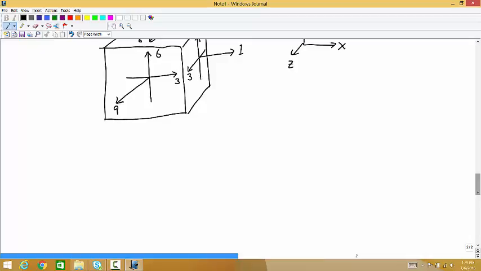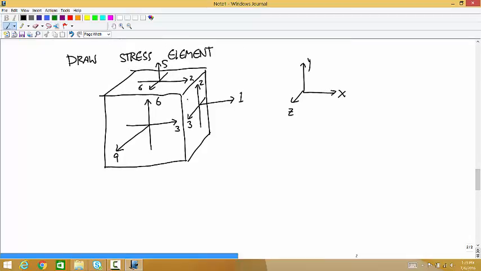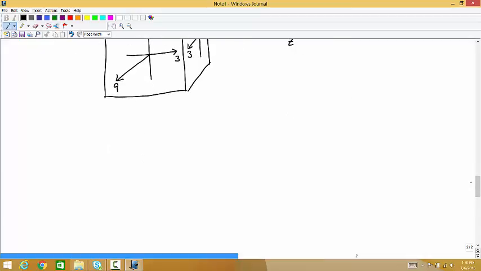So the next thing we have to talk about is a really important relationship between the stress tensor and the traction on any arbitrary face. So the stress tensor shows you the tractions on each one of these faces of the cube, but you can measure the traction on any arbitrary plane, and it's really easy to do once you have the stress tensor.